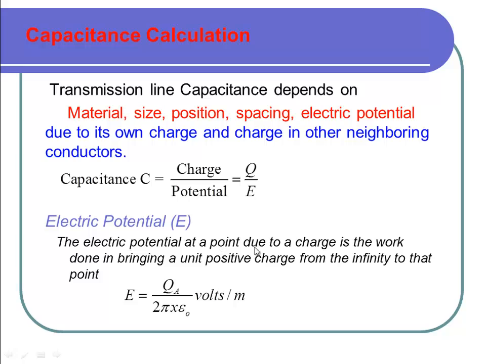Electric potential at a point due to a charge is the work done in bringing a unit positive charge from infinity to that point. E equal to QA by 2 pi x epsilon naught. Actually this is epsilon, with epsilon naught and epsilon r, and simply this epsilon r equal to 1. This is nothing but permittivity.